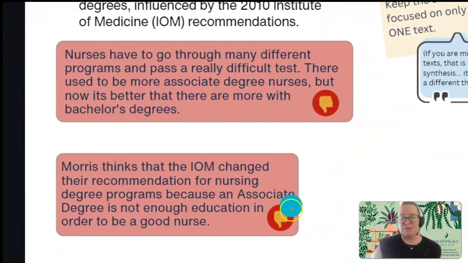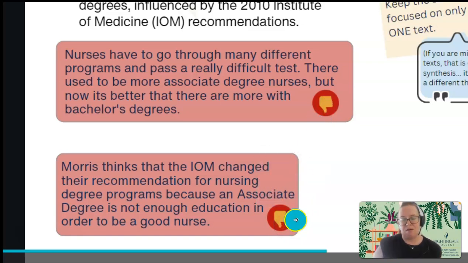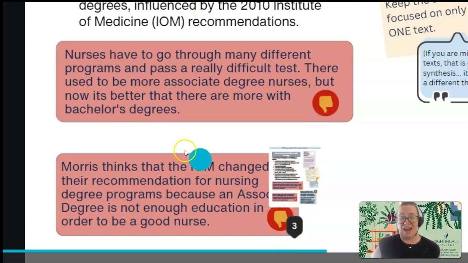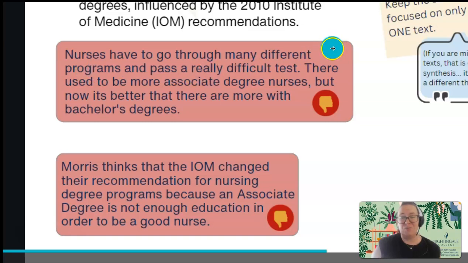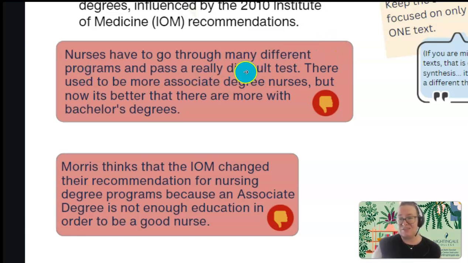I've given you 2 examples here of ways that have changed. They go through many different pathways and pass a really difficult test. There used to be more, but now it's much better. This is me adding my own opinions, and these opinions are not from the original. So that's a no-go.